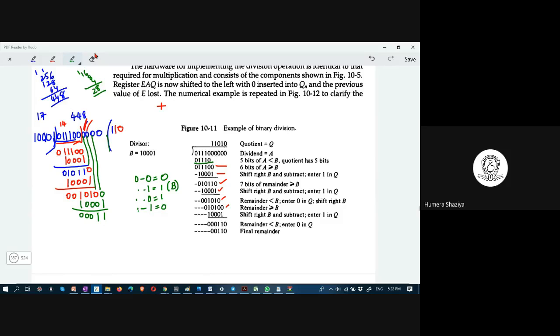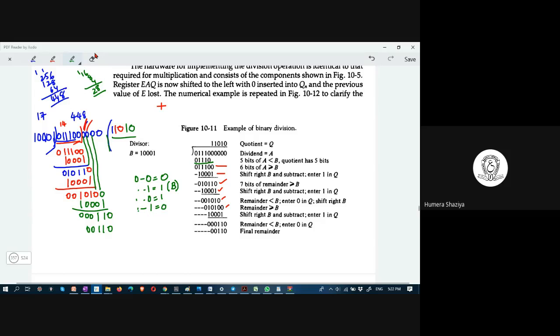And here you have to put 1 now. And you see here, this number is, okay, bring 0 down. And this one is smaller than divisor, so take 0 in quotient. This is our final remainder 00110, and this is the quotient.